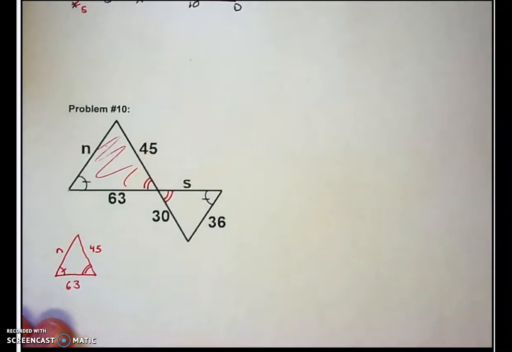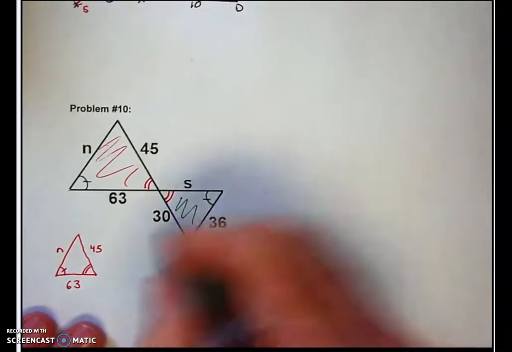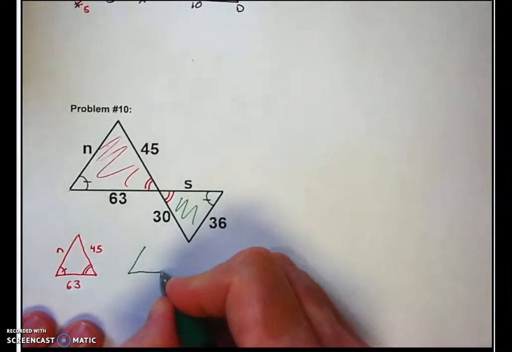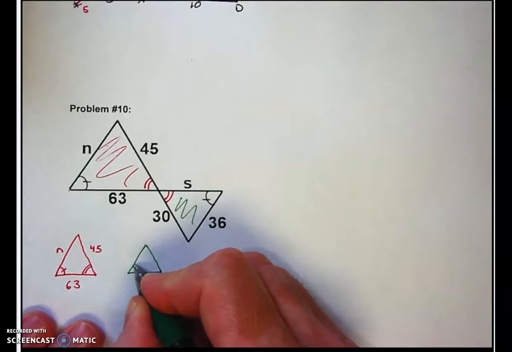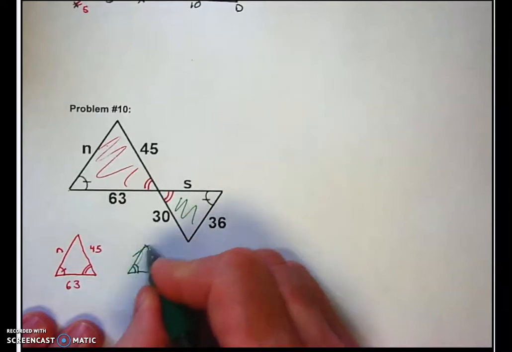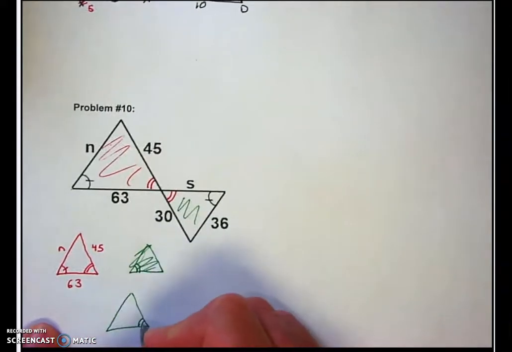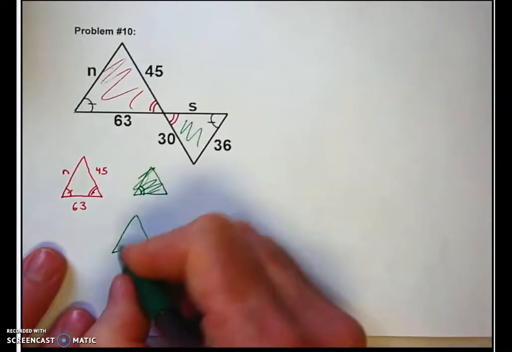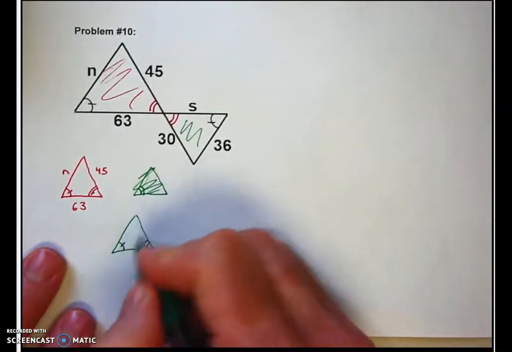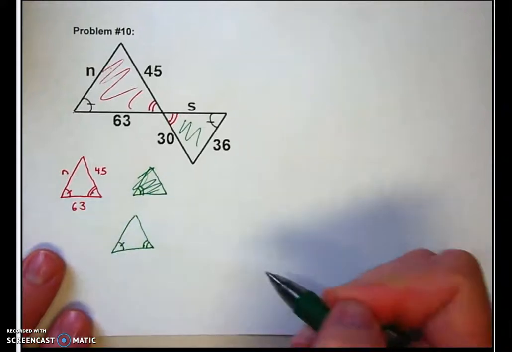And I'm going to draw this green triangle so it matches the red triangle. I'm going to put the double angle in the bottom right hand corner just like I did here. I'm going to put the single angle with the hash mark in the bottom left hand corner.